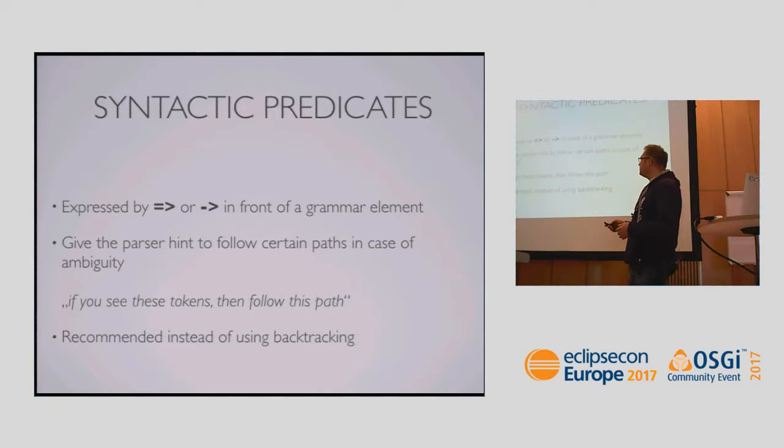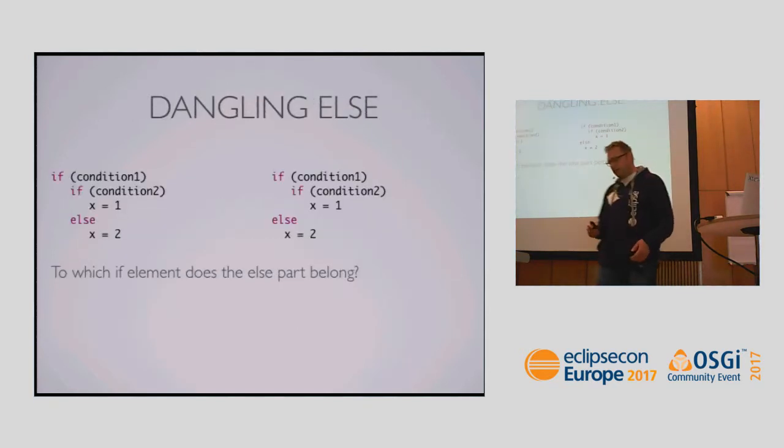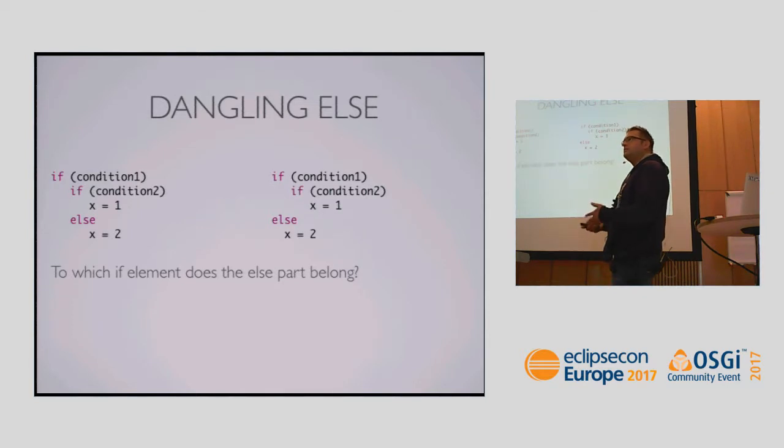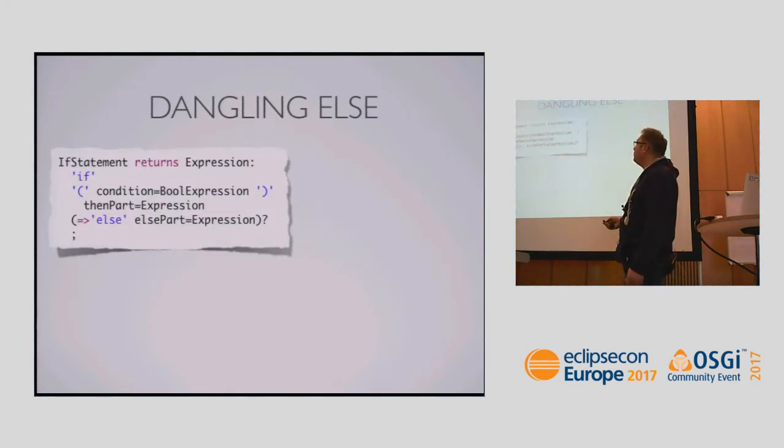A popular example where we have to use this is the dangling else problem. This is the same text here, but to which if condition does the else belong? Just the same text. The parser doesn't know that. And this you have to solve with a syntactic predicate.